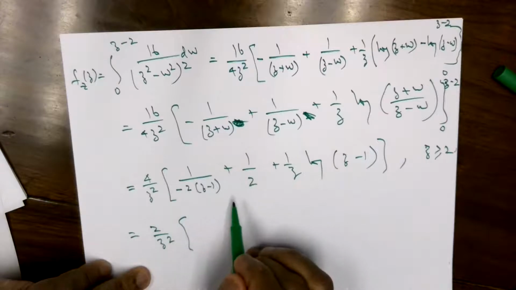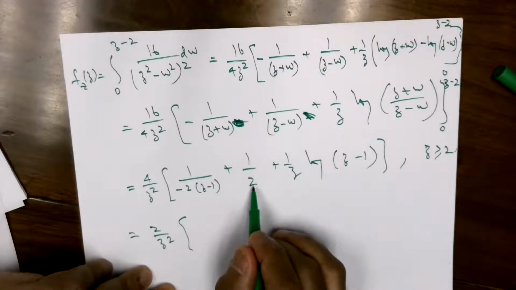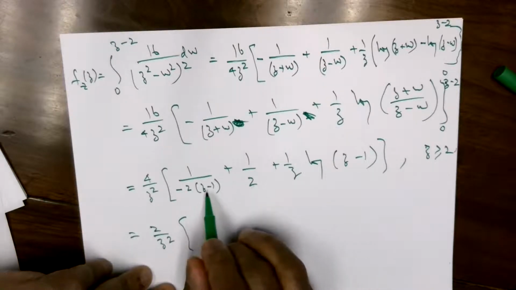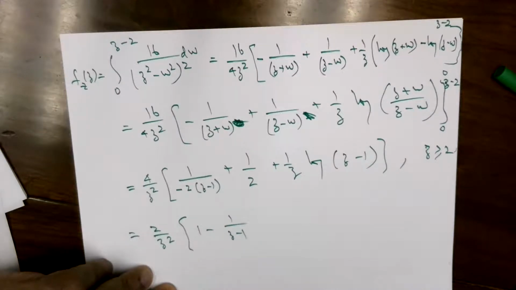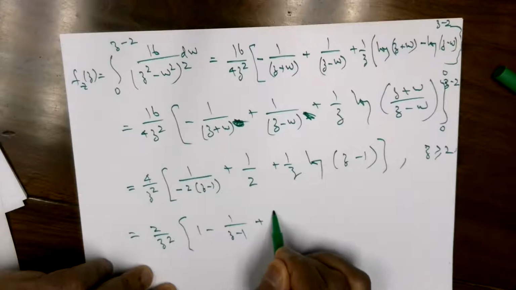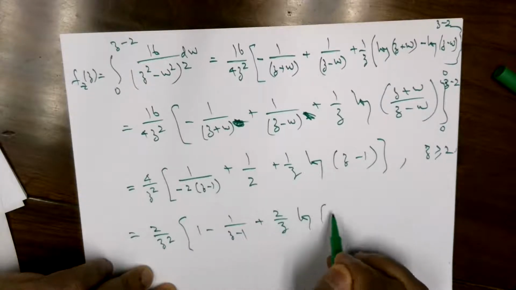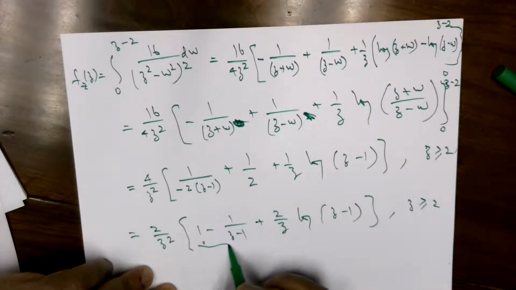Then I have here 2 cancels. So this becomes 1 over 1 minus 1 over z minus 1, plus 2 over z log z minus 1. So let me see. If I simplify, this becomes z minus 2 over z minus 1.